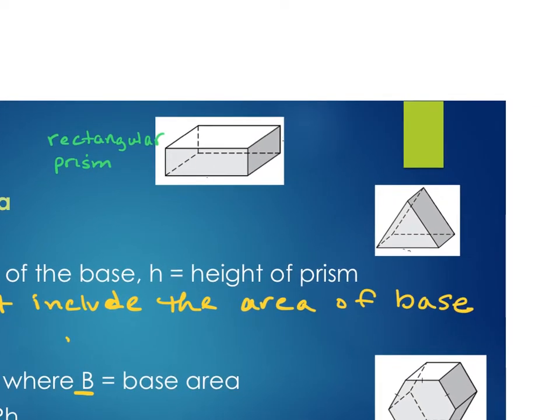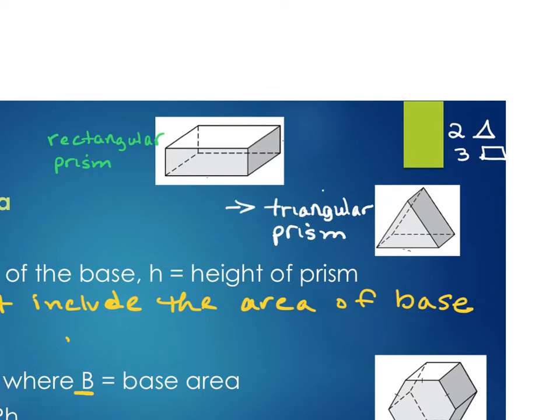This figure over here is actually a triangular prism. Notice we have 2 triangle faces, and then we have 3 rectangle faces, or 3 parallelogram faces. So the base here would be what we have 2 of, and it would be the triangles.